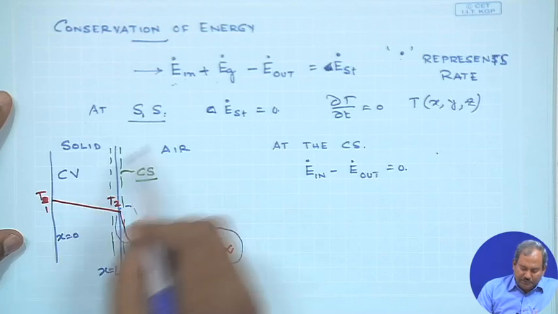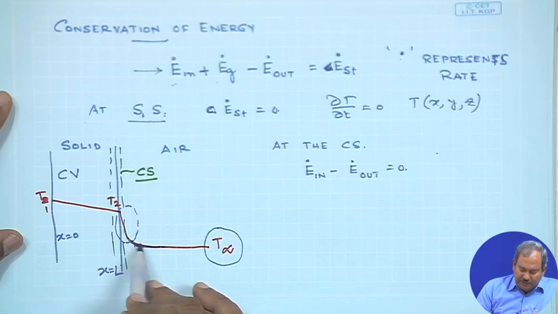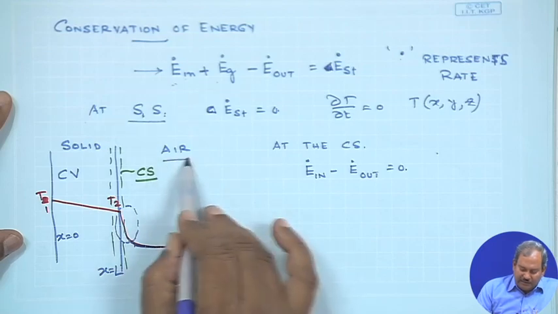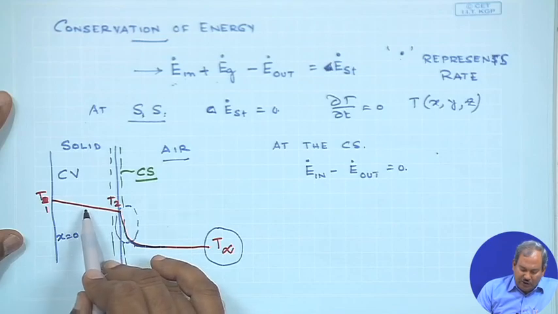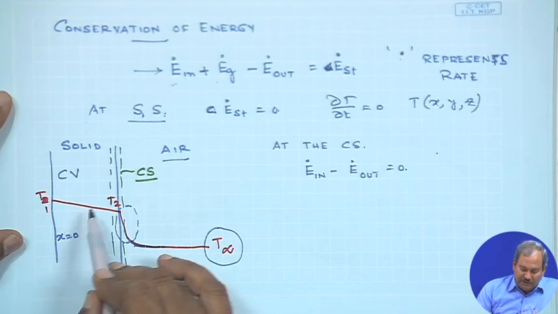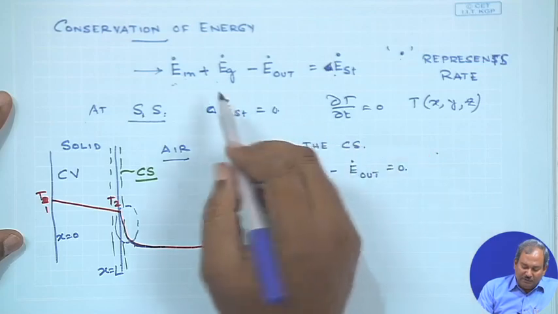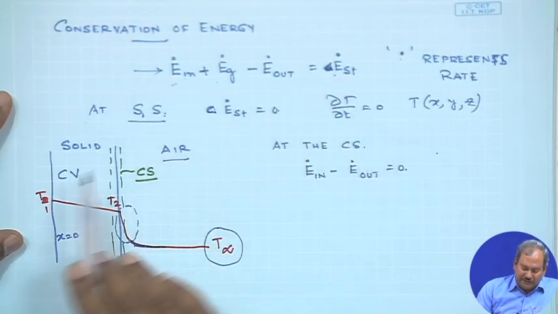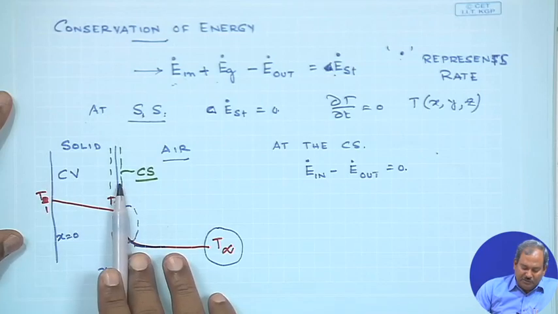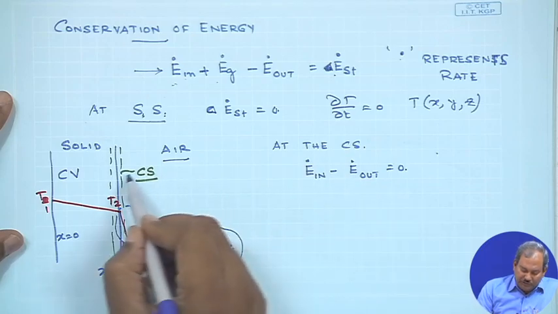If it is not, then E dot G would be equal to 0, and E dot out is the energy which goes out to the air surrounding it, as a result of which the net energy content of the control volume may change, and if it does not change, then we have a steady state situation. So, in absence of energy generation, and if it is a steady state system, E dot in must be equal to E dot out.